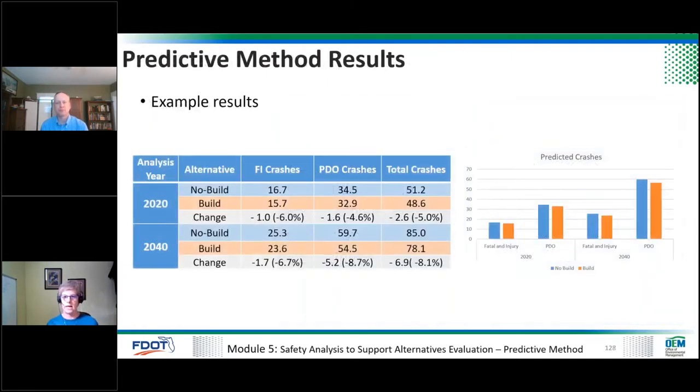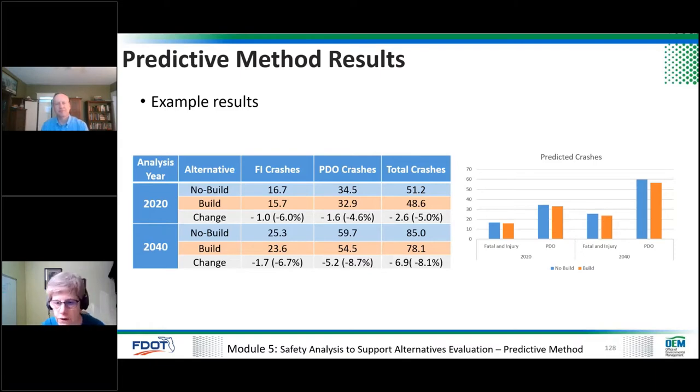So at the end of the day, what do you get? You get some predictions. It can be presented in a table or a graph, but fundamentally, as we see on the left, for your analysis years, maybe there's a current year and a 20-year future year, you can predict fatal and injury crashes, PDO, and total crashes, and you have that for your no build and your build condition. And then you can do the comparisons and compare and contrast results.